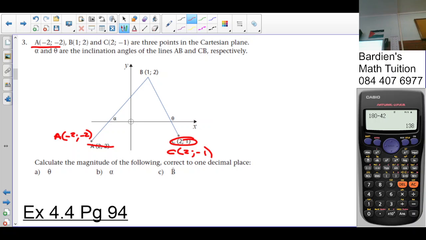The first question says calculate theta. So there's theta. So to work out theta, I need the gradient of BC. So gradient is change in y over change in x, so it's negative 1 minus 2 over 2 minus 1, which works out to be negative 3. So arctan of negative 3.